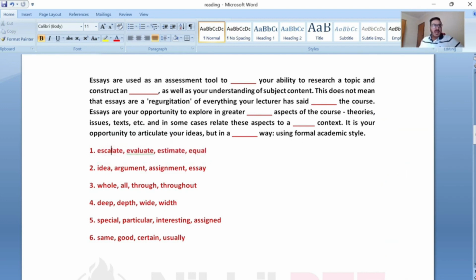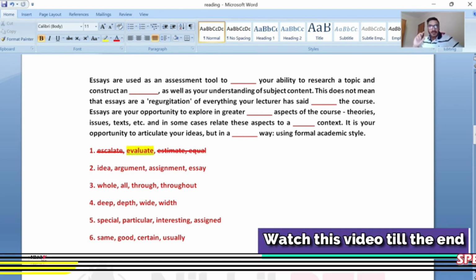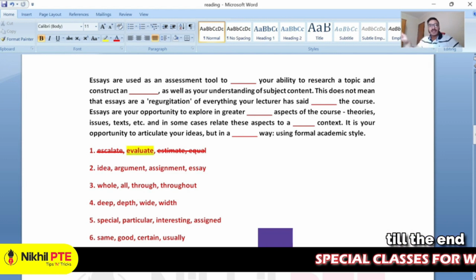So let's start. Essays are used as an assessment tool to dash your ability. Obviously evaluate your ability. Very good to listen and very easy option. To estimate, no. Equal your ability, no. Accelerate, I don't know what this is. Evaluate. And remember one thing, if you don't know the meaning of a particular option, leave it.